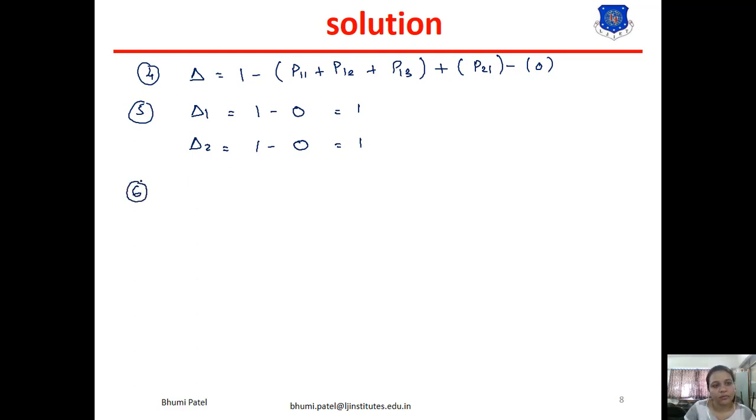Now step number 6, find the transfer function. TF is equal to the ratio of the Laplace transform of output upon the Laplace transform of input, which is equal to P1 delta 1 plus P2 delta 2, according to the number of forward paths, upon delta.